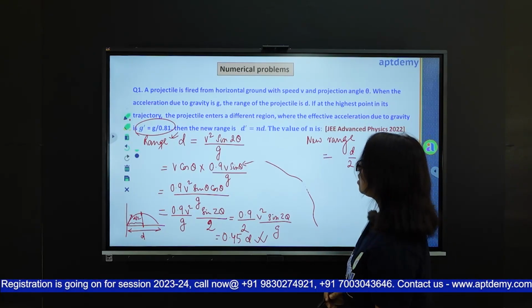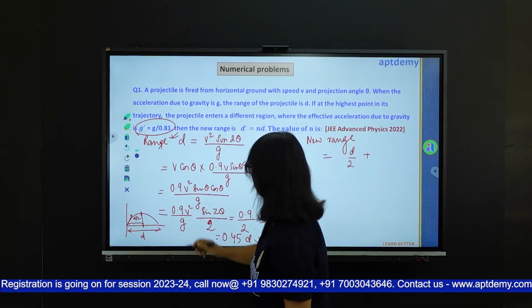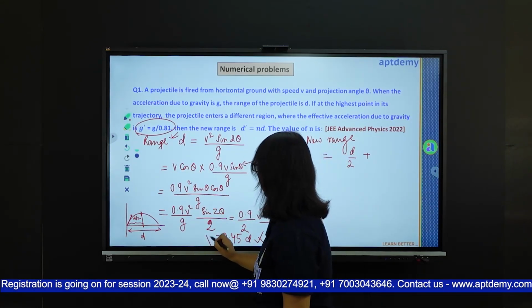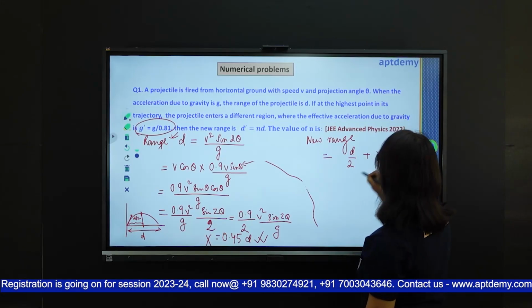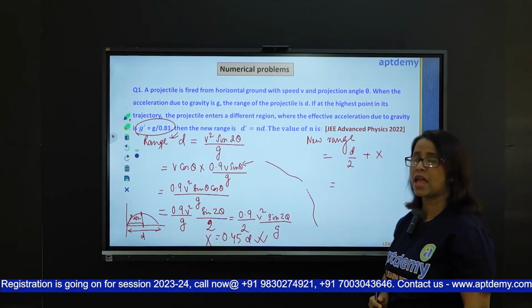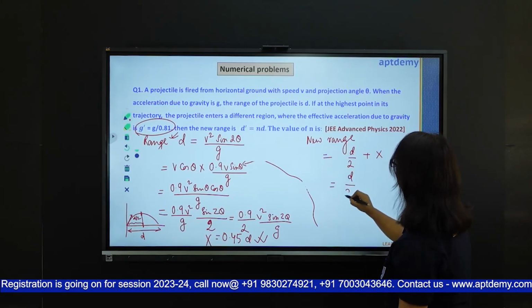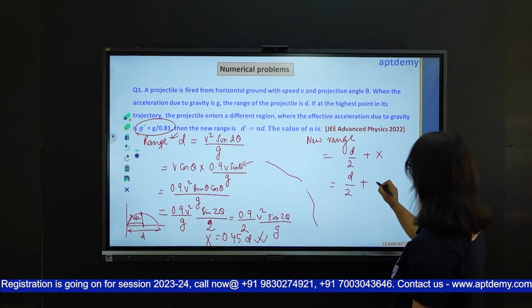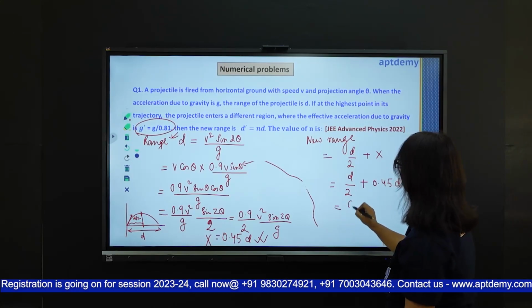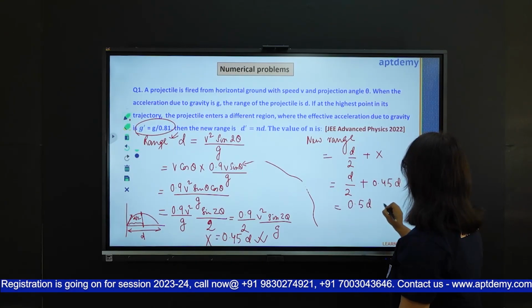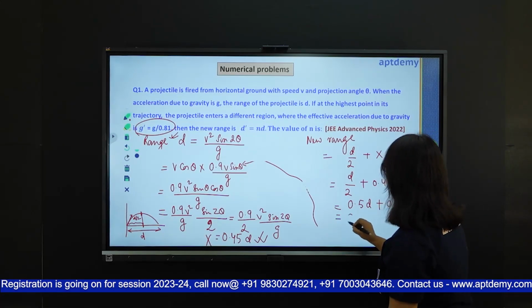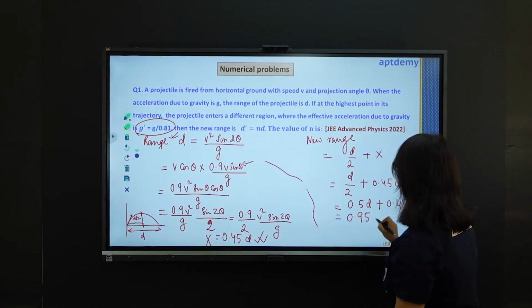Let me give this as x, the horizontal displacement. If this would have been equal to x, then this is nothing but d by 2 plus x, and then we have d by 2 plus 0.45 d. So ultimately this is 0.5 d plus 0.45 d, or 0.95 d.